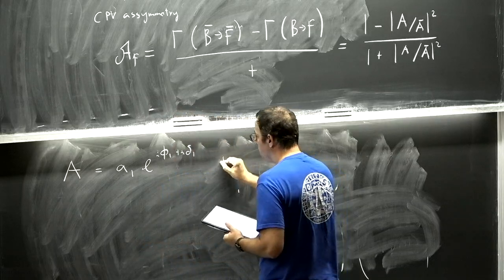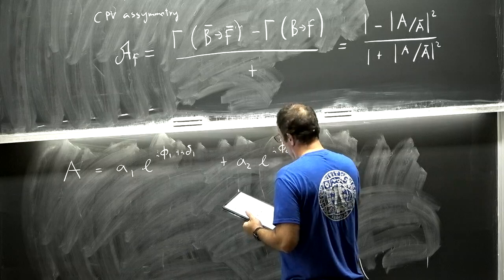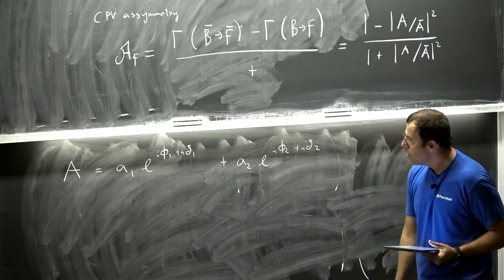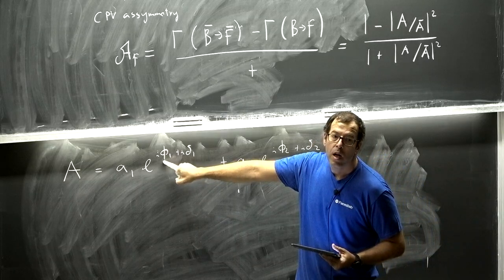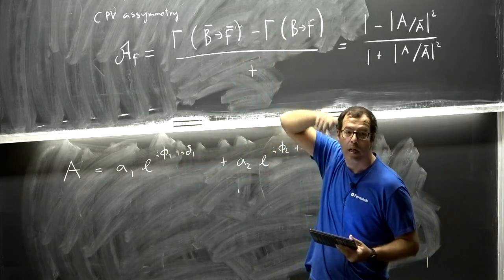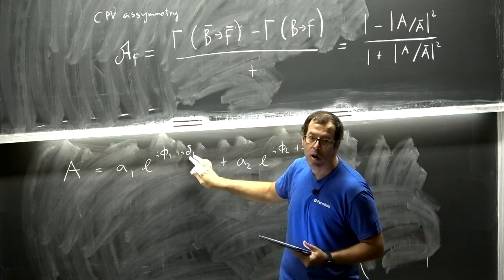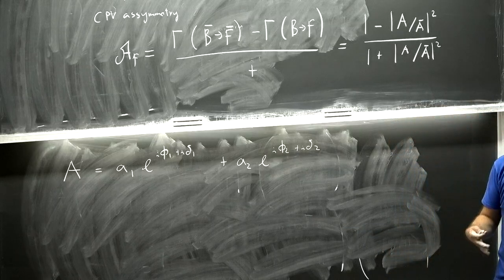And it will become apparent immediately why I write two phases. All right. So the first phase is the phase that is appearing in the Lagrangian, so one of the CKM elements times the CKM phase. The second one is the strong phase. The strong phase will have to do with the rescattering.